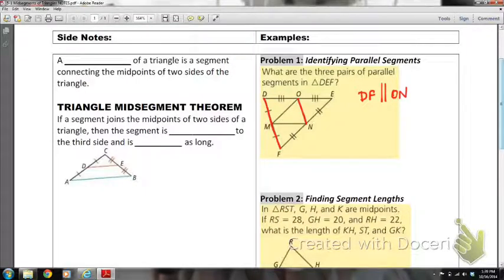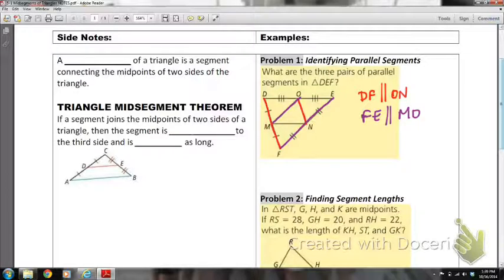So let's look at a different set. Let's look at the side FE. From the congruence markings again on that side, we can see that point N is the midpoint of that side. So the midsegment that's going to be parallel to this side is MO. So we can see here that FE is parallel to MO.